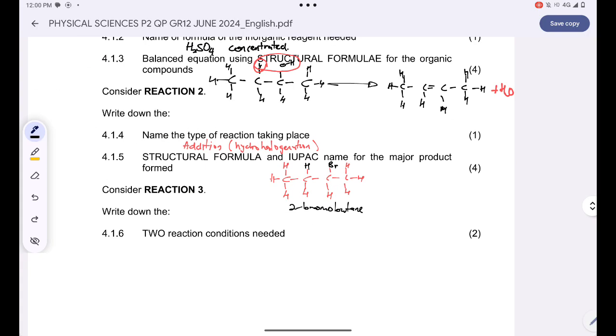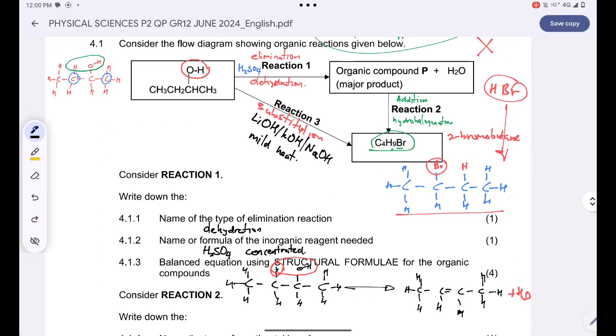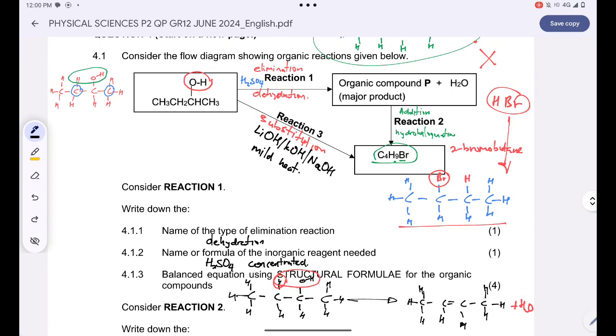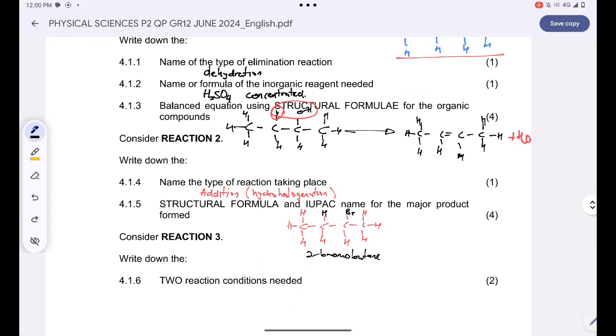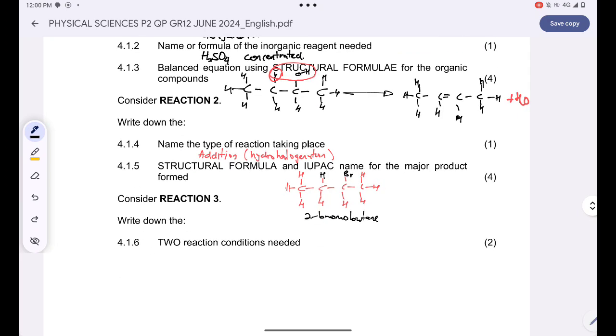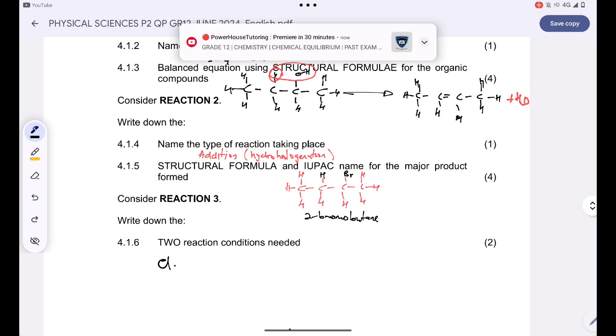Reaction 3 is a substitution reaction. We are moving from an alcohol into a haloalkane. They want us to write down two conditions that are needed. You need a dilute strong base.